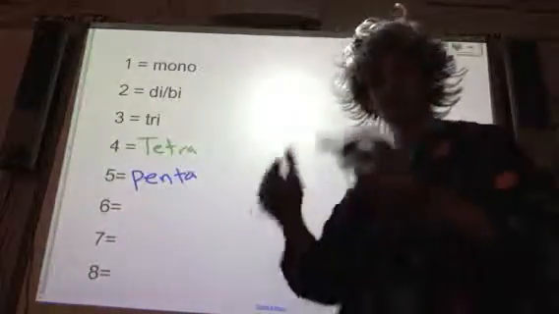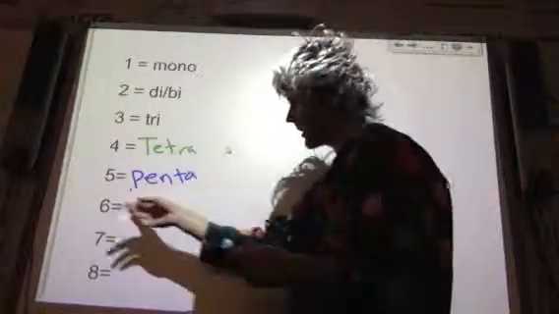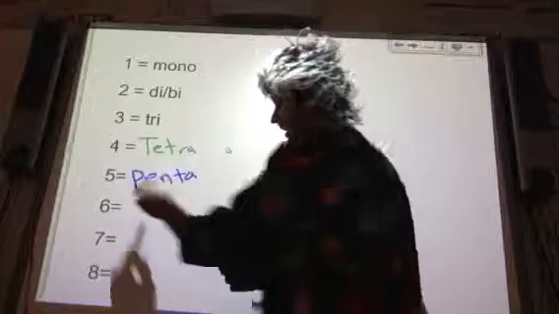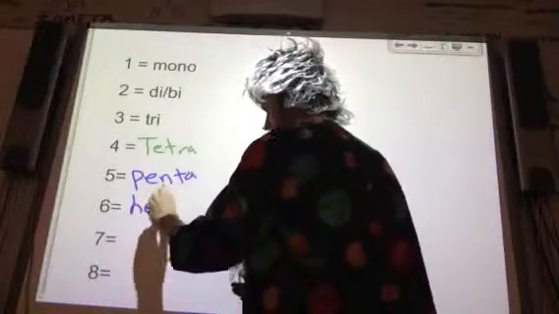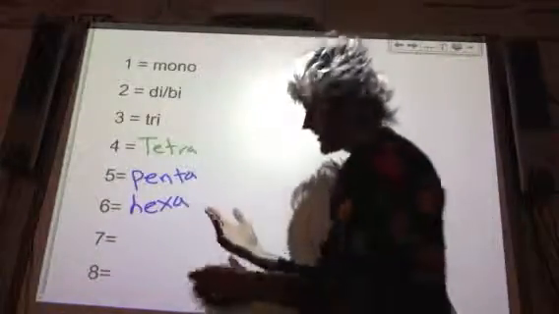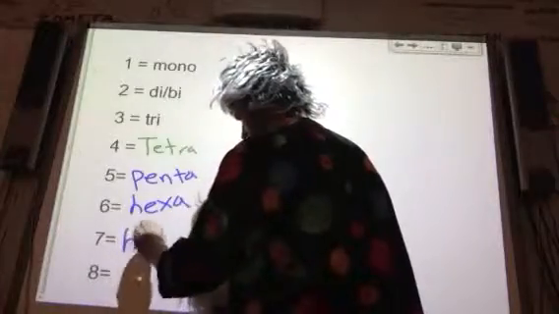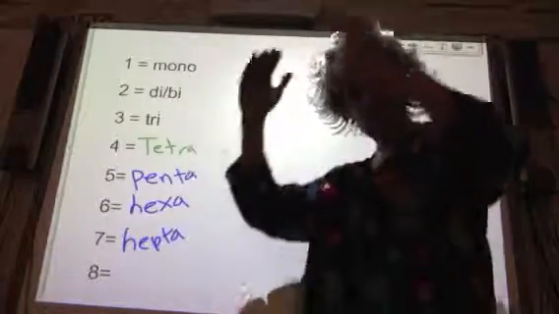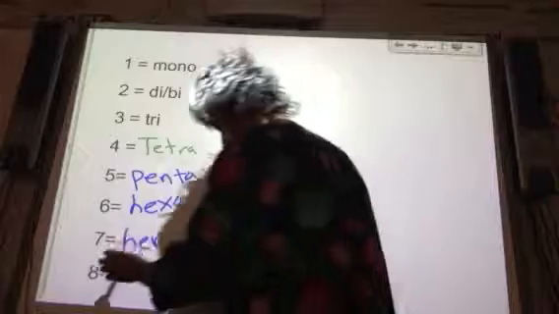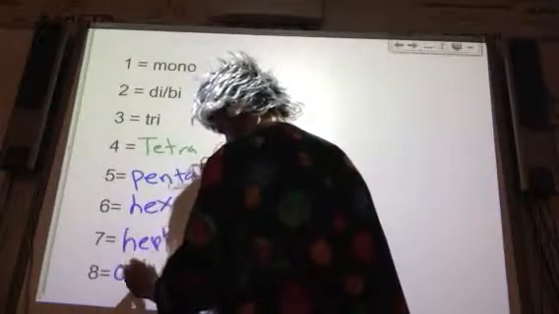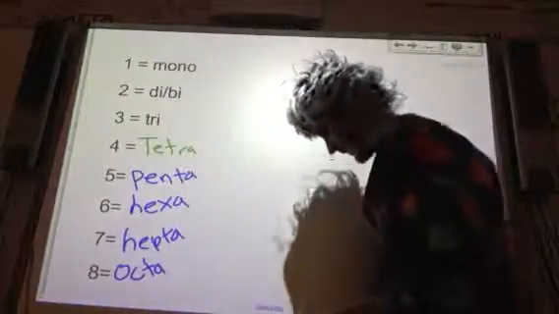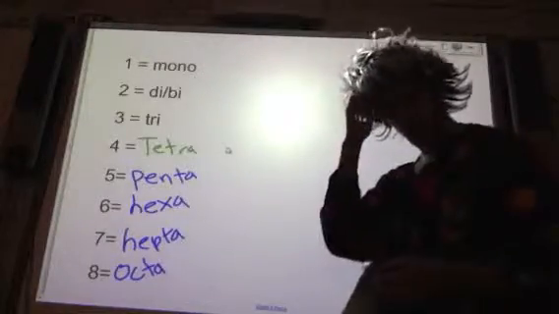Think pentagon has 5 sides. What does a 6-sided figure have? Hexa. Hexagon, you're getting it now. 7 is hepta. And a stop sign has 8 sides. Octa. Okay. So, basically what you need to know are prefixes.